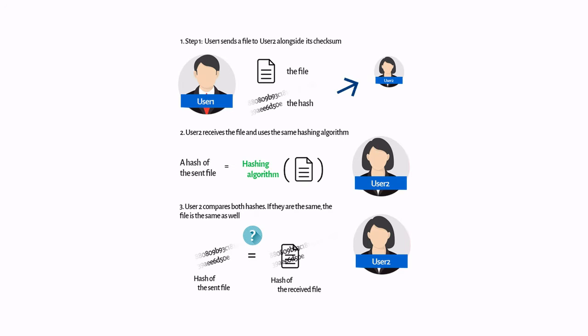If she gets the same checksum that user 1 did, she knows that the data in both the sent document and the received document are exactly the same. So this is how it'd be used in the real world, because as we saw earlier, if you change even one letter, it changes the entire checksum.